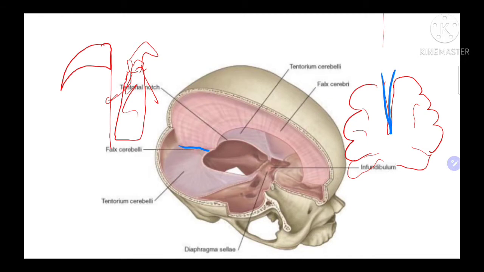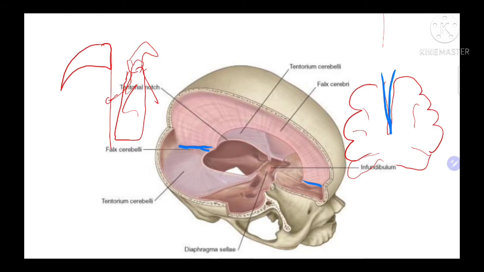And between this connection of the falx cerebelli and falx cerebri, we're gonna find the sinus rectus. Okay, here we're gonna find the sinus rectus, between this line of junction. It has a vertex anterior here, and this vertex is gonna be attached to the crista galli.